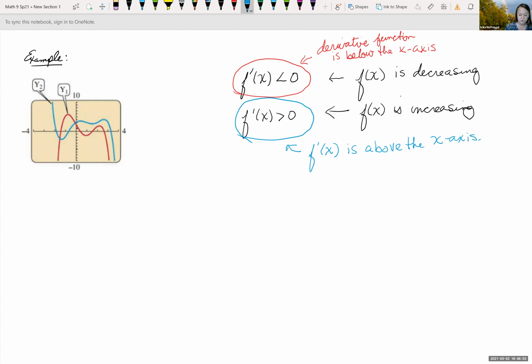So f prime of x, the derivative function, is above the x-axis. Other things that are helpful is when it's equal to 0. So if my derivative function equals 0, then that means that the slope is equal to 0. This could be a max or a min.